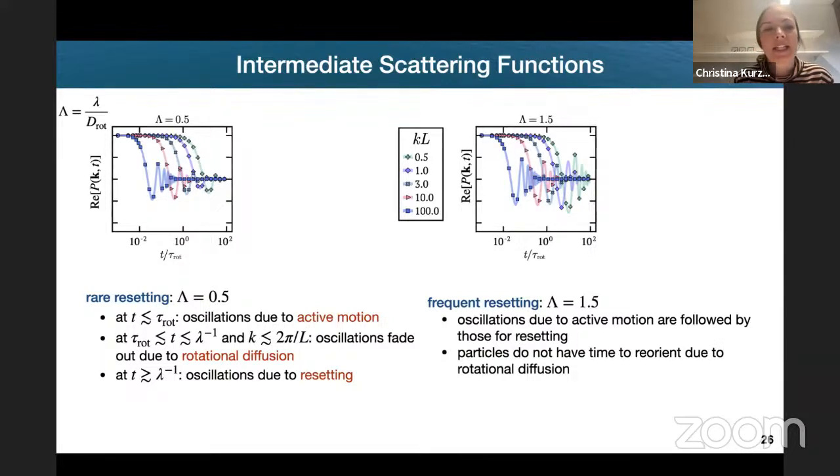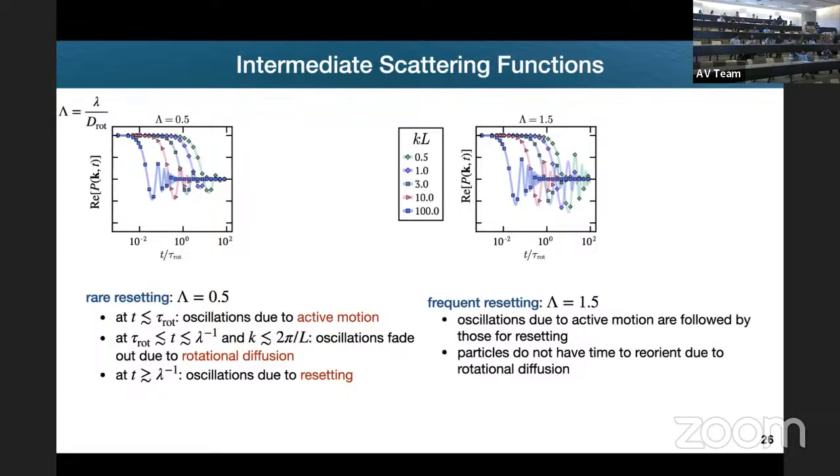But again, these are things that you can either measure by tracking probably, or by really fitting this theory to DDM experiments, for example. Okay, so basically rotational diffusivity does play a role for resetting this, right?